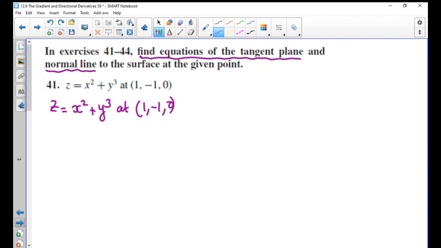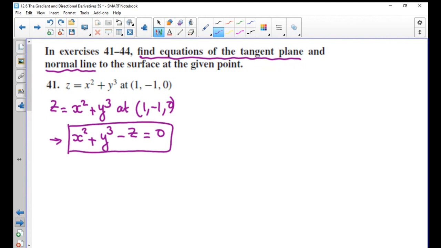So we can change this equation into x squared plus y cubed minus z equal to 0, like this.